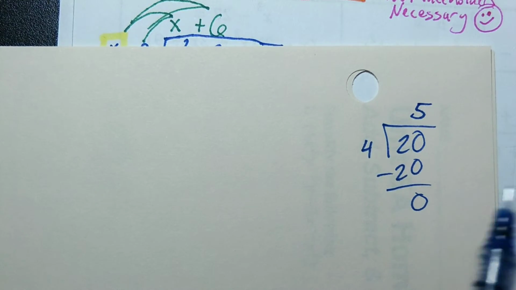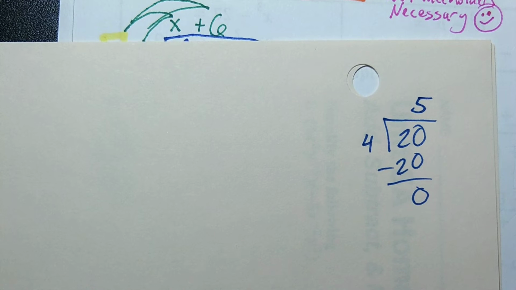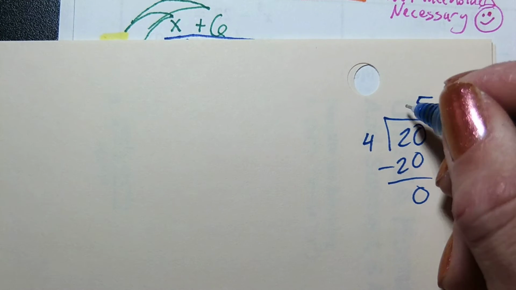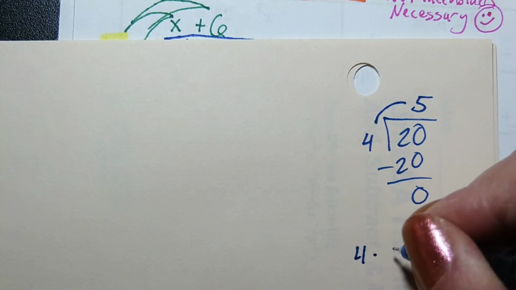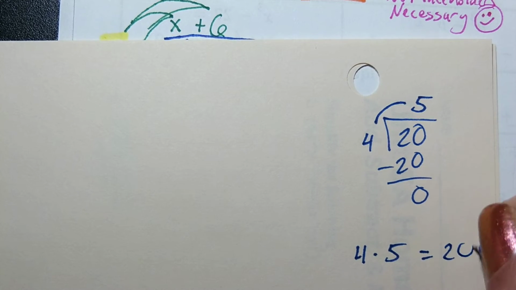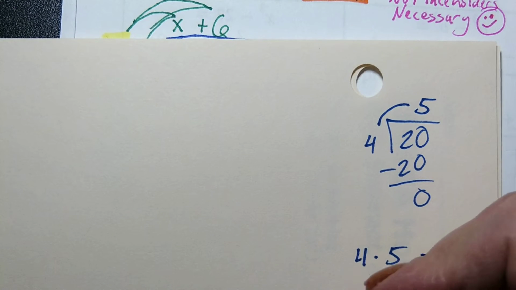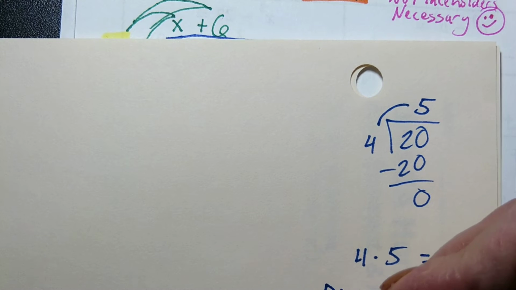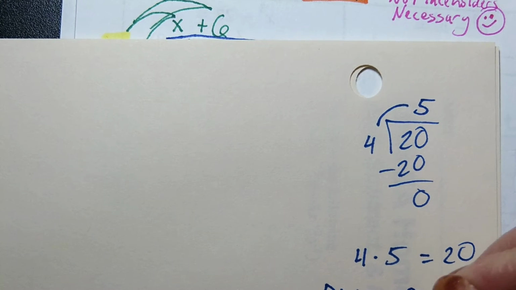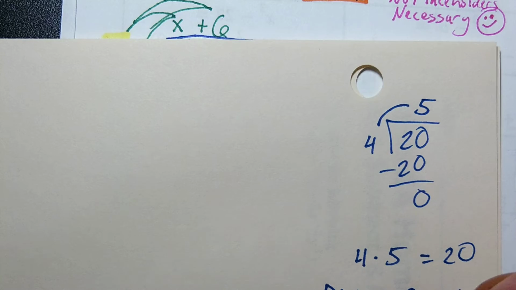How would I check to make sure 20 divided by 4 is 5? We would multiply those two together. So 4 times 5 should be equal to 20, or the divisor times the quotient should be equal to the dividend.